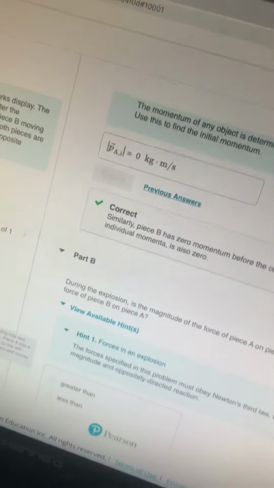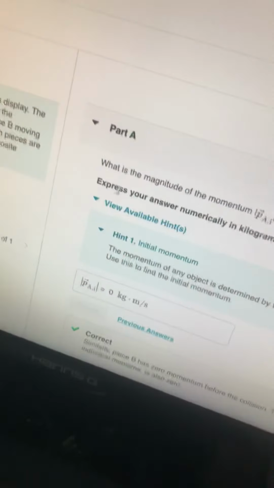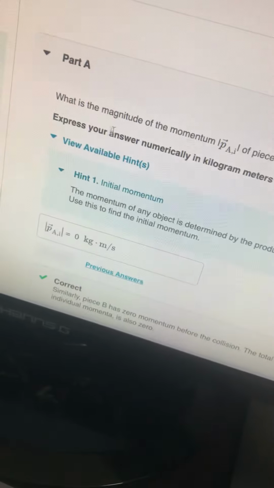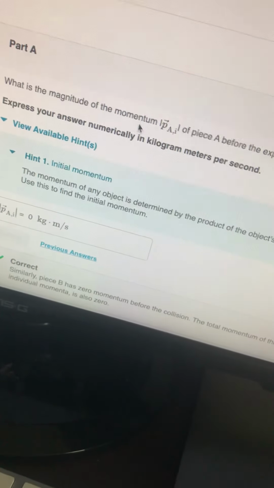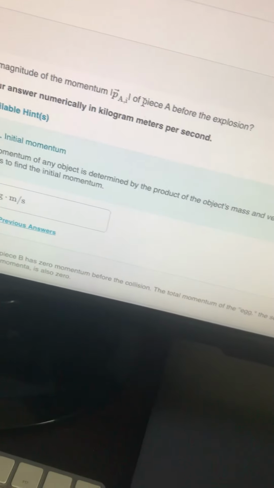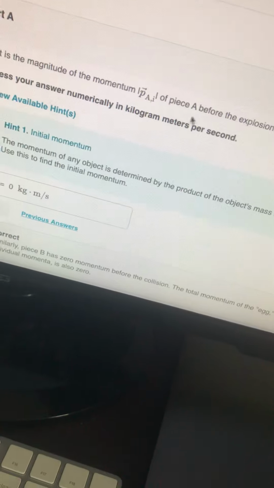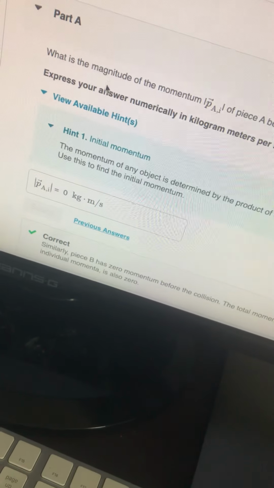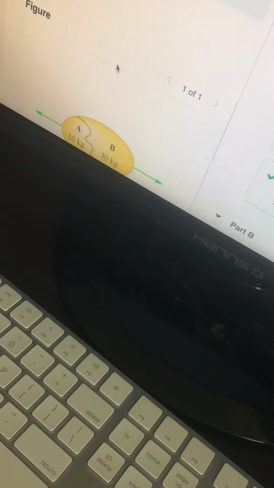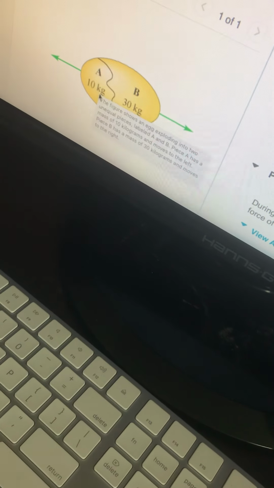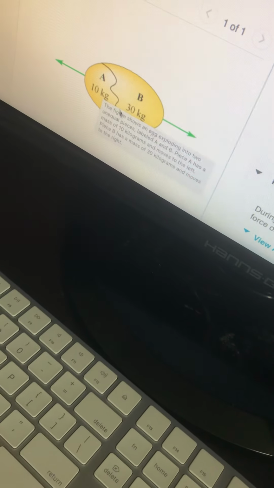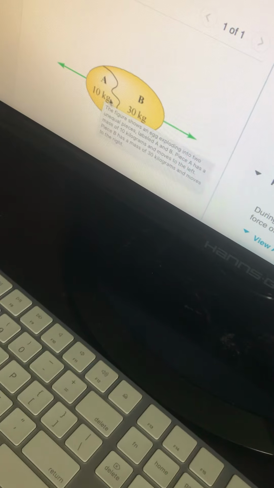So the first question says, what is the magnitude of the momentum P A i of piece A before the explosion? So we have the momentum. Before the explosion, there's no momentum. So momentum is 0, since velocity is 0.